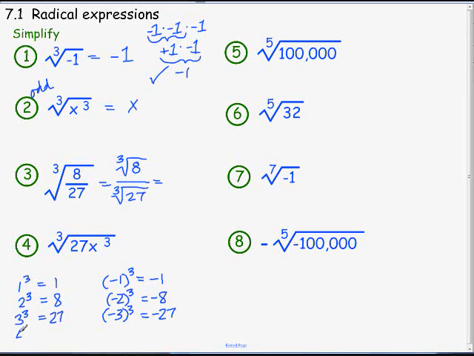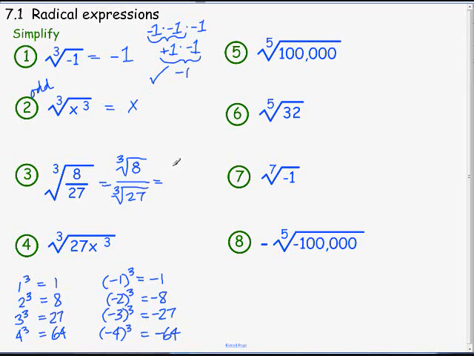We probably should keep on going, but in the interest of time, I'll just do this. You can do more for yourself if you want to. 4 times 4, 16 times 4, 64. And a negative 4 cubed is a negative 64. These would be really good to get familiar with so they can come to you quickly.